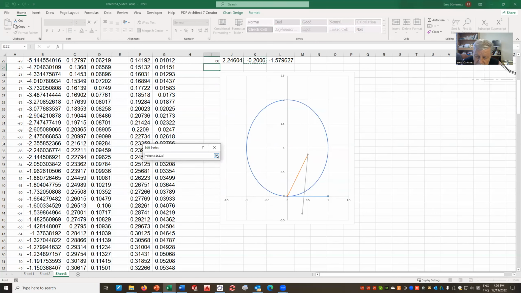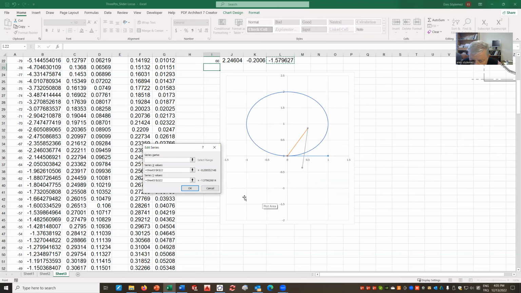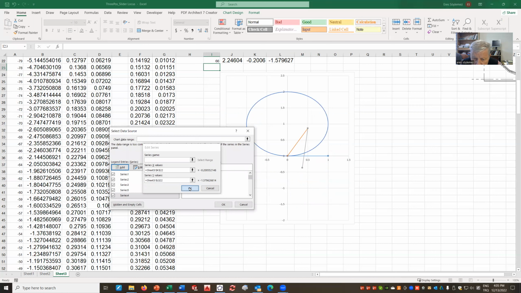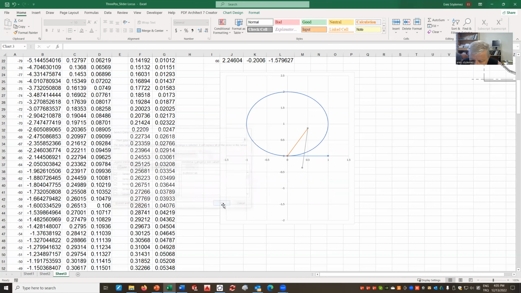Take this point. Minus 0.2, 1.57. Has to be somewhere in here.